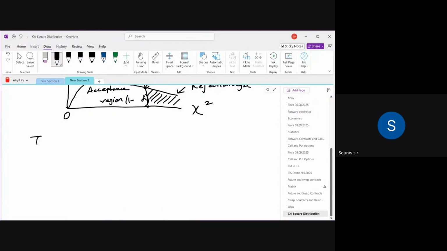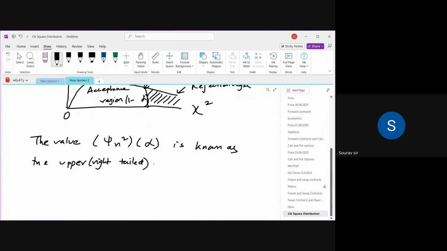So the value here is known as, if you see the graph, the upper right tail alpha point, the critical value of chi-square for n degrees of freedom, and it has been tabulated for different values of n.